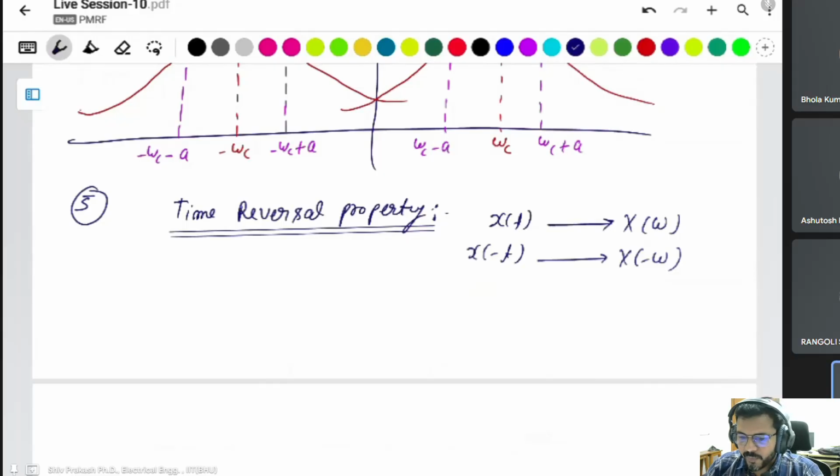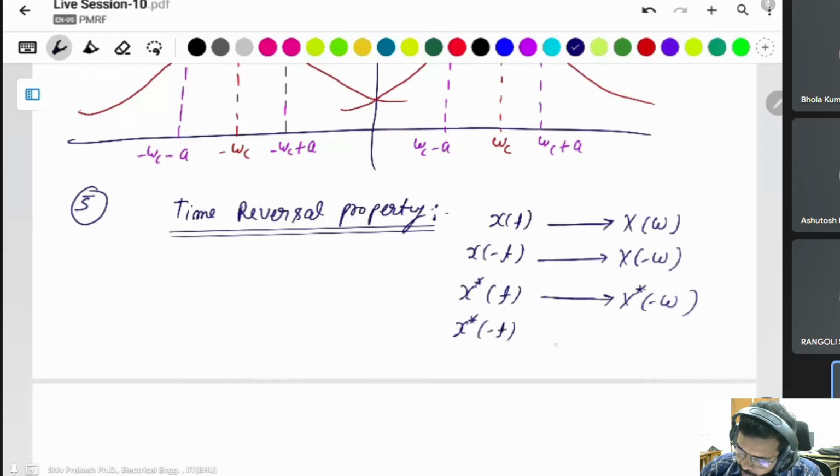If there is any complex form in the time domain, then what will be the effect in the frequency domain? In the frequency domain it will be minus omega. You have to take the complex conjugate of that signal, and then you have to provide the negative of frequency. If there is a complex conjugate and a negative in the time domain, then there is only the complex form in the frequency domain.